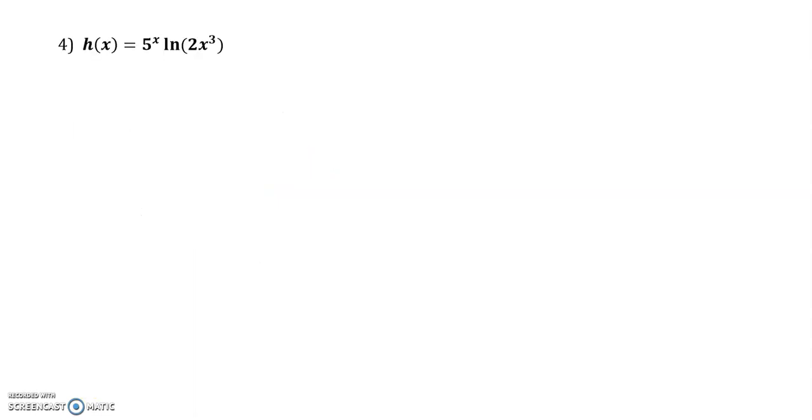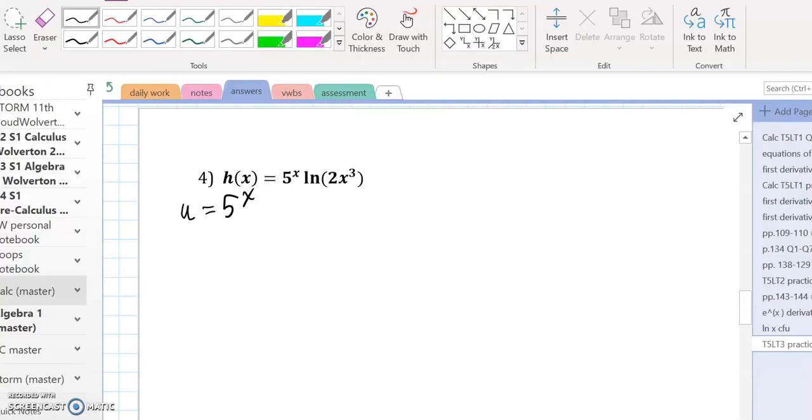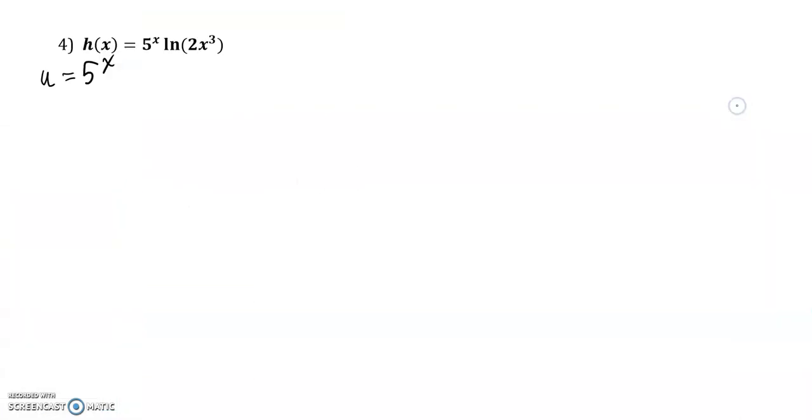This special problem is going to add in the product rule, because I've got 5 to the x times the natural log of that chunk. So let's let u equal 5 to the x. And then v will be the natural log of, and I'm going to do a chain within a chain here.